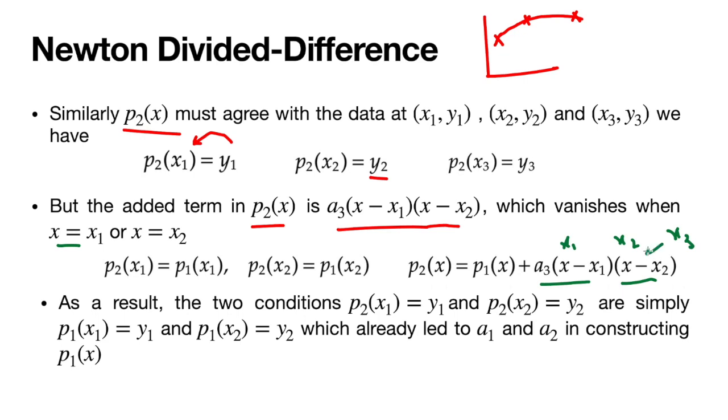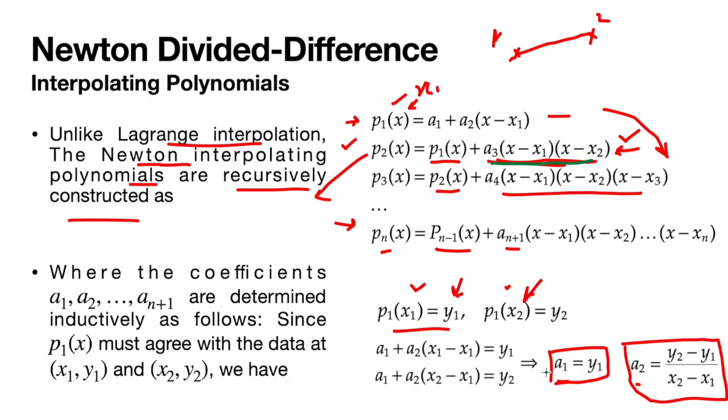For x1 and x2 we can use our previous coefficients a1 and a2, which we calculated in the first degree polynomial.